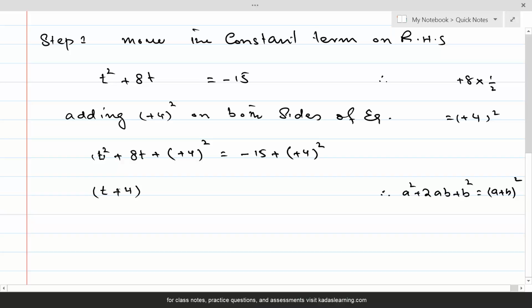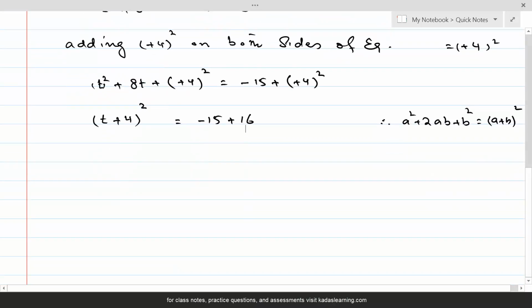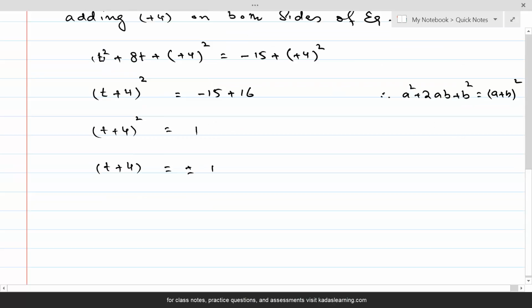Whole square is equal to minus 15 plus 4 square, which is 16. So t plus 4 whole square is equal to 1, and t plus 4 is equal to plus minus square root of 1, which is 1 again.